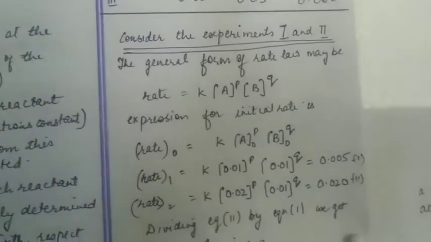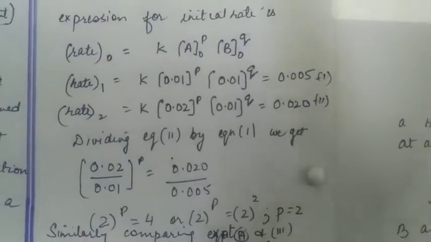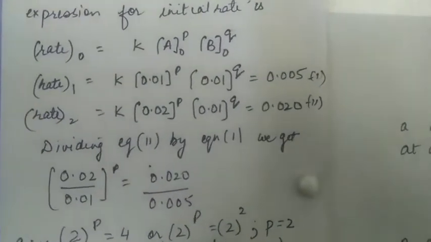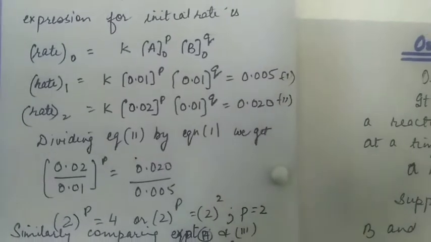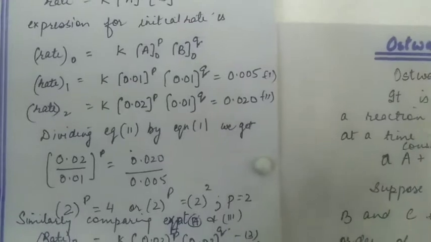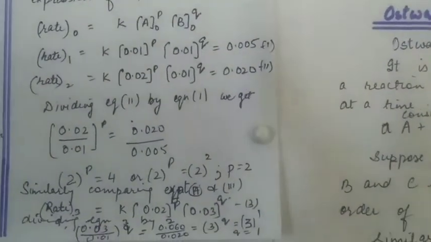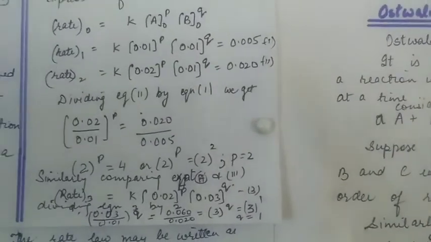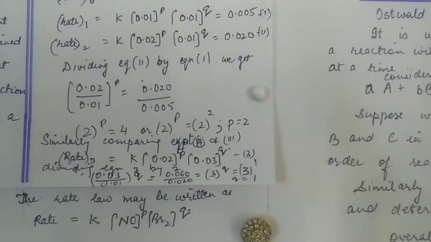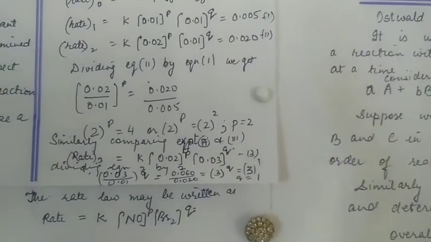Now, the rate equation for first experiment will be rate 1 is equal to rate constant into 0.01 raised to power P into 0.01 raised to power Q is equal to 0.005. Similarly, the rate equation for second experiment will be rate 2 is equal to K into 0.02 raised to power P into 0.01 raised to power Q is equal to 0.020.